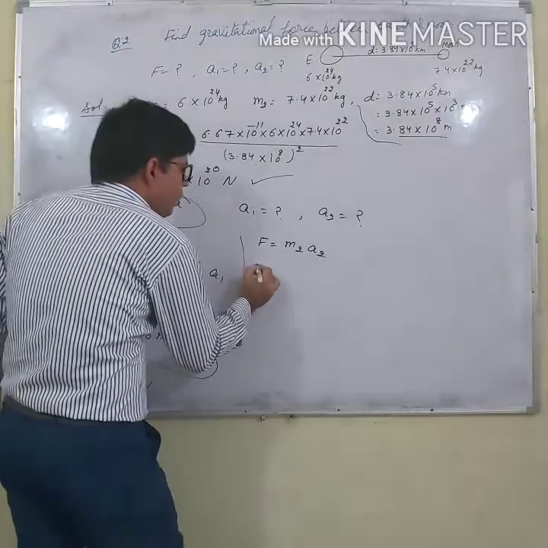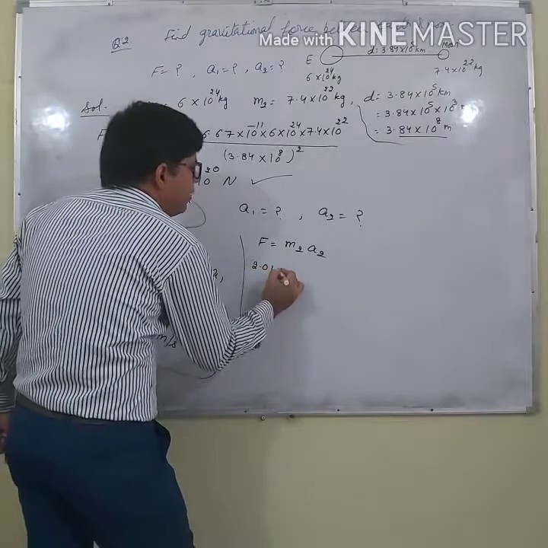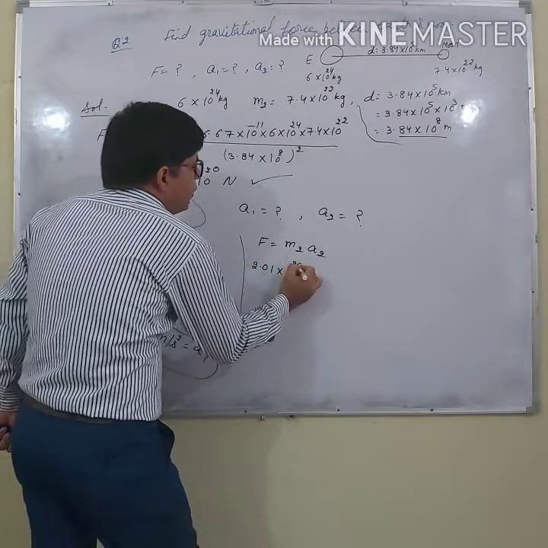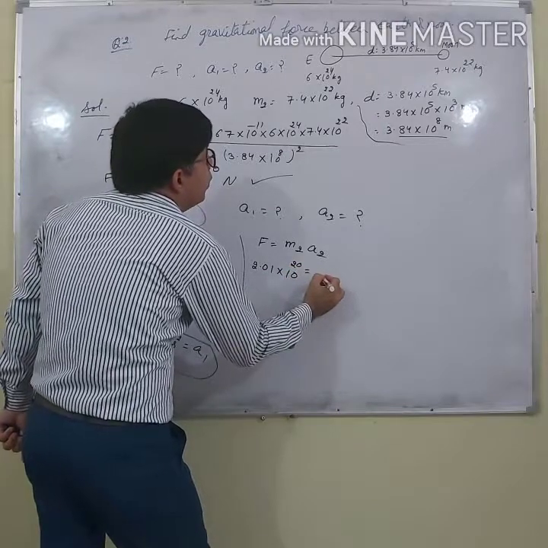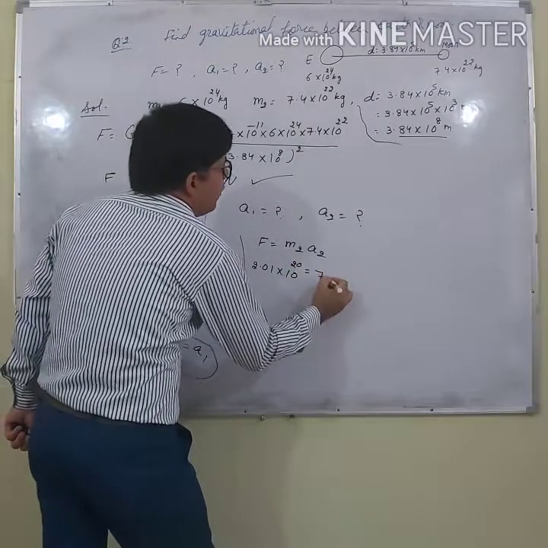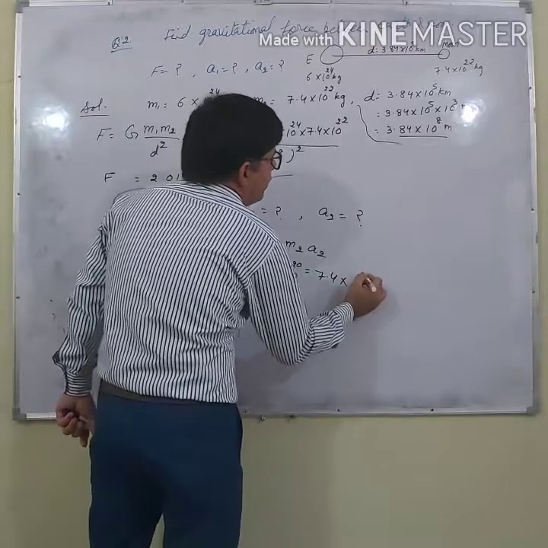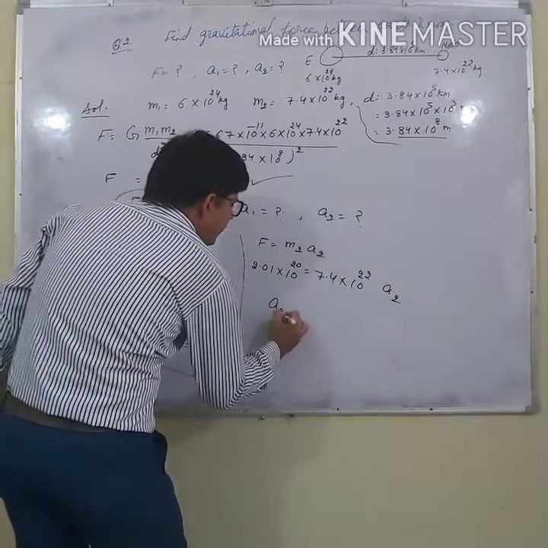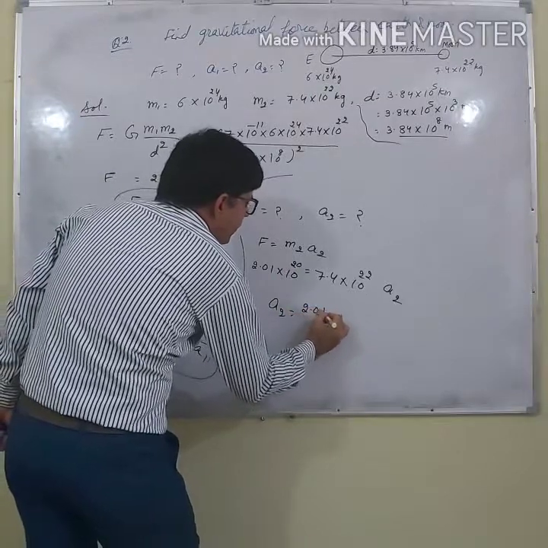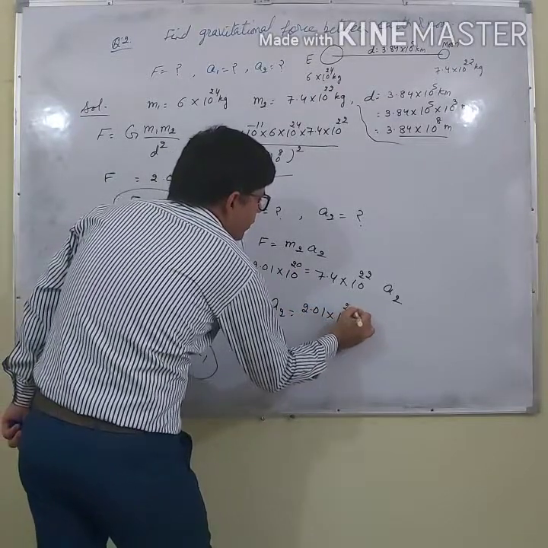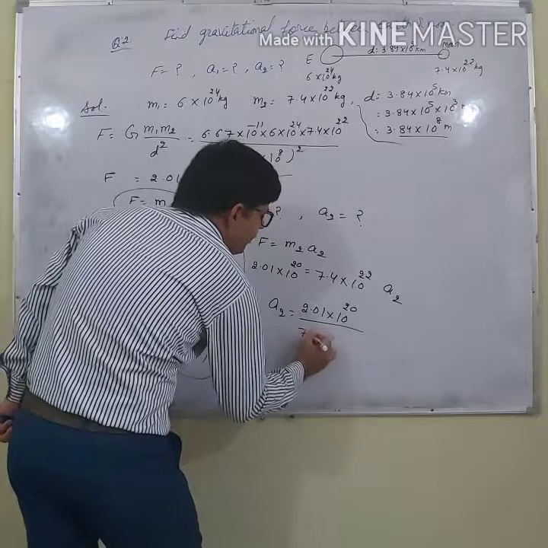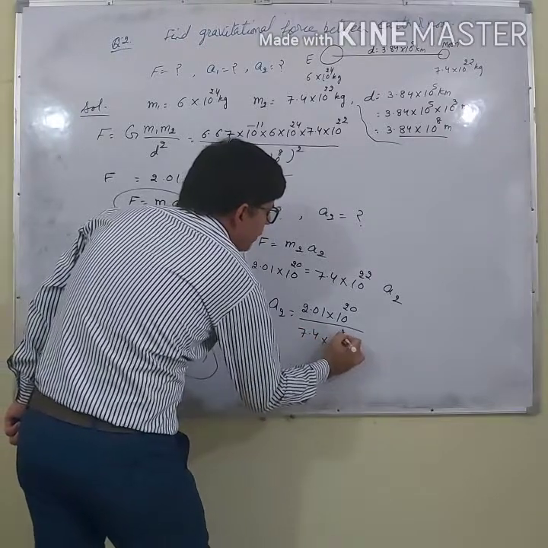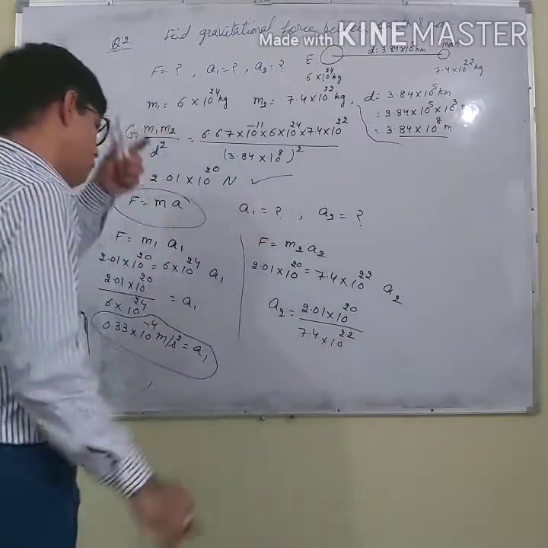So here 2.01 × 10^20 equals m2, which is 7.4 × 10^22, times a2. So how much will a2 be? 2.01 × 10^20 divided by 7.4 × 10^22.